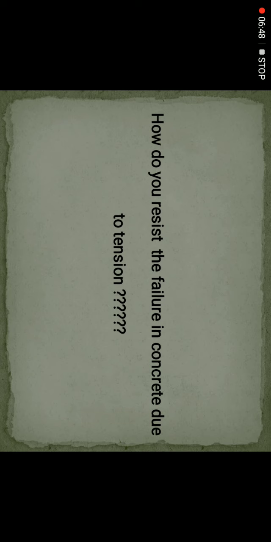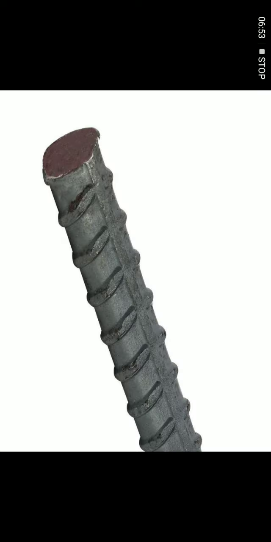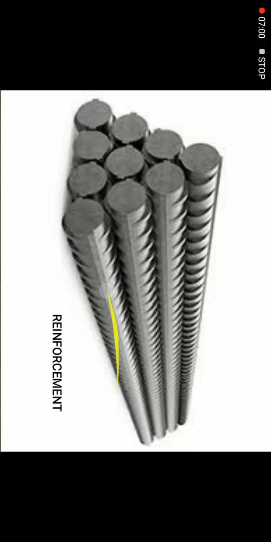So the next concept is how to resist the failure in concrete due to tension. This is the reinforcement available in the market. This picture shows a simply supported beam loaded at two points.